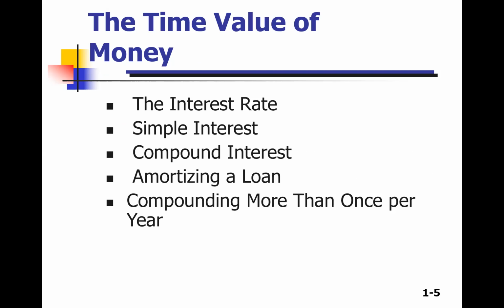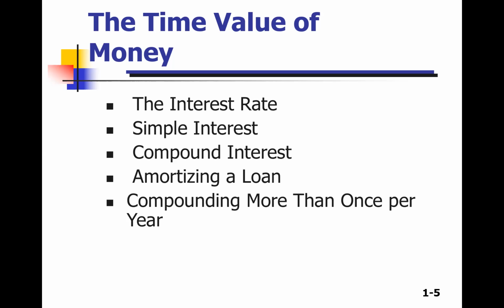So the major concepts that we are going to go through in time value of money are interest rate, simple interest rate, and compound interest rate. Then we will learn how to calculate the present value of some amount that we are going to receive in future, and the future value of some amount that we have today in our pocket or in our bank account.